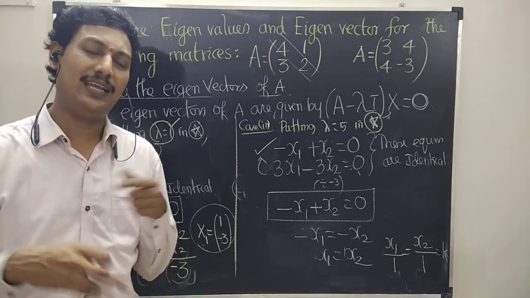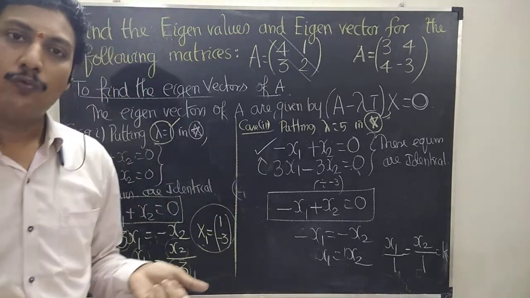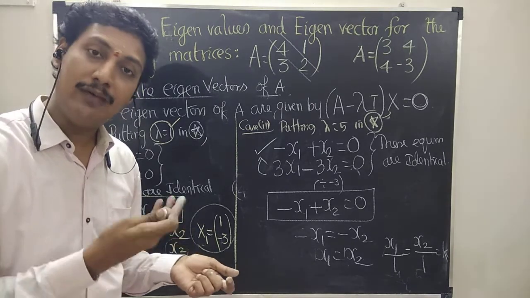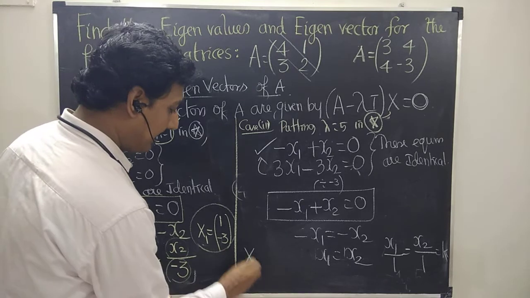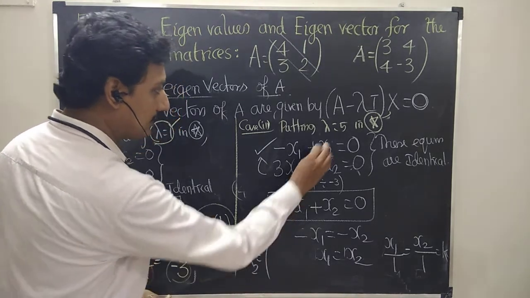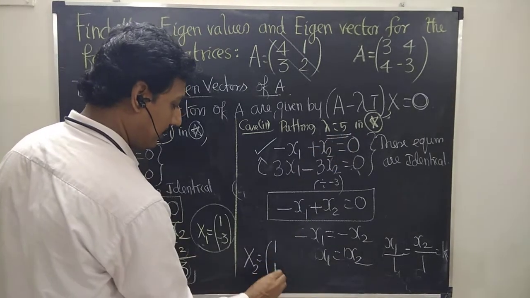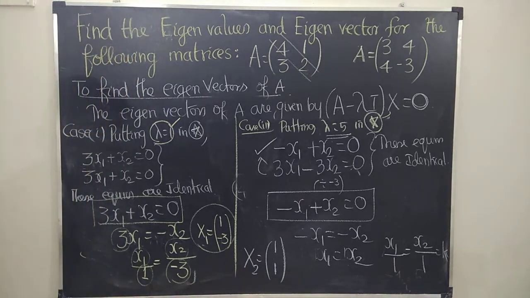But here it is a scalar, so it is nothing but 1, 1. The minimum value for the scalar is 1. So what is the eigenvector corresponding to lambda is equal to 5? It is 1, 1. This is the method to find the eigenvectors of 2 by 2 matrices.